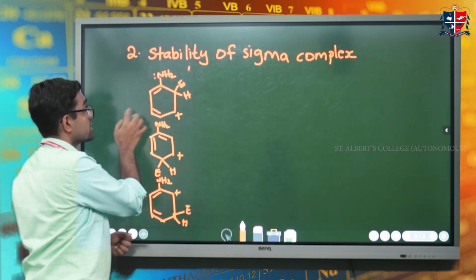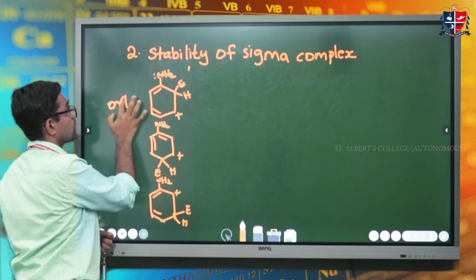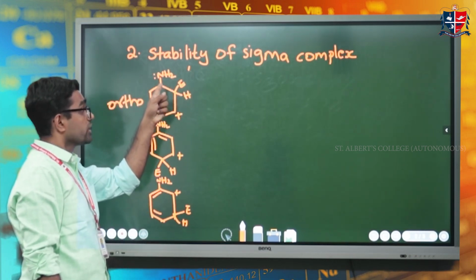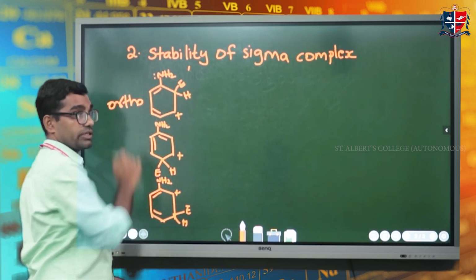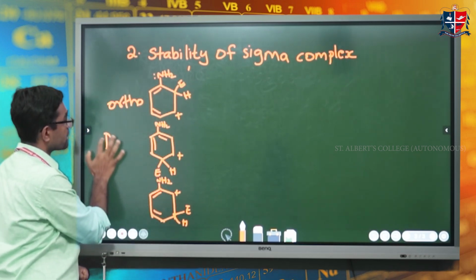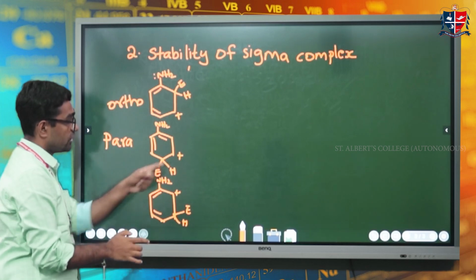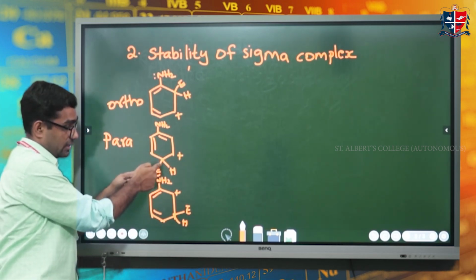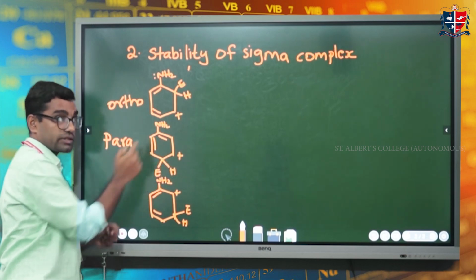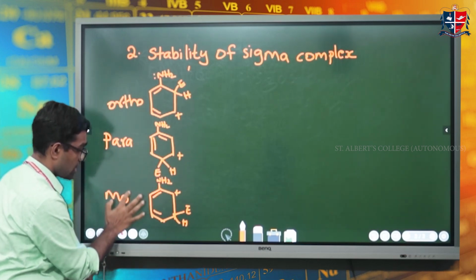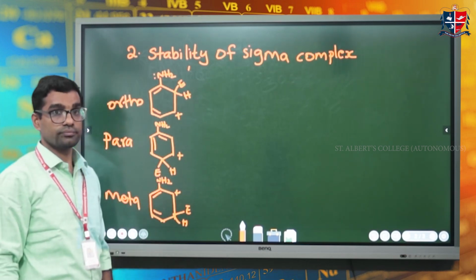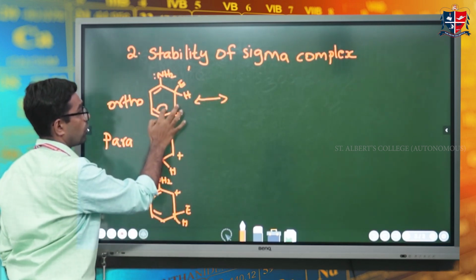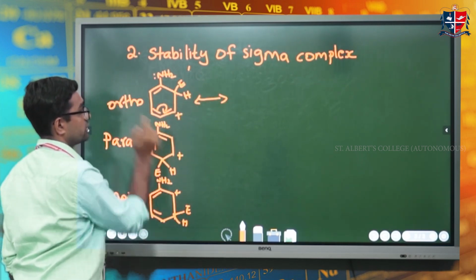So here, this is ortho attack. When the electrophile attacks the ortho position, the positive charge is here. This is para attack. When the electrophile attacks the para position, the positive charge is here. This is meta attack. Now you draw the resonating structures. This bond comes here, the positive charge is here.